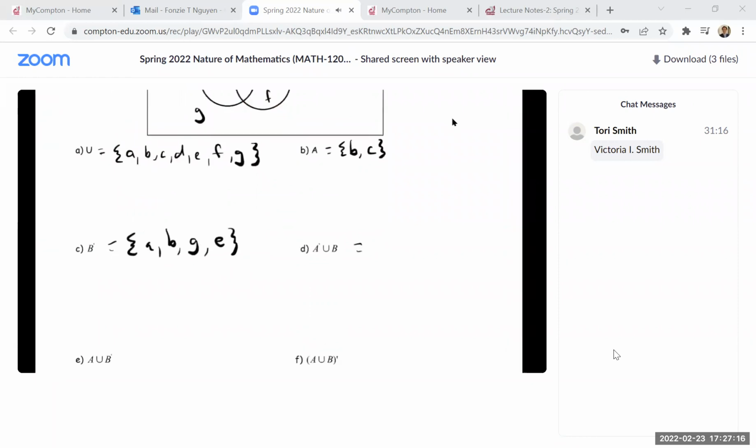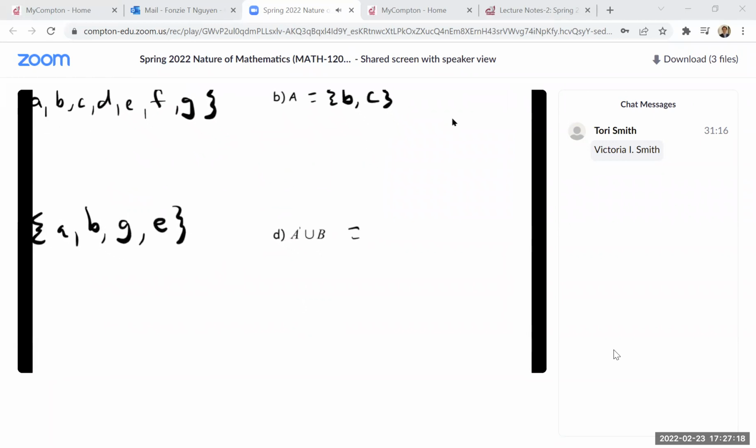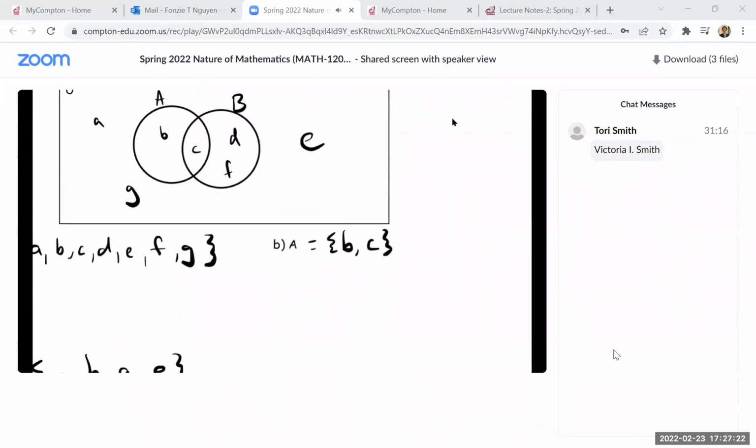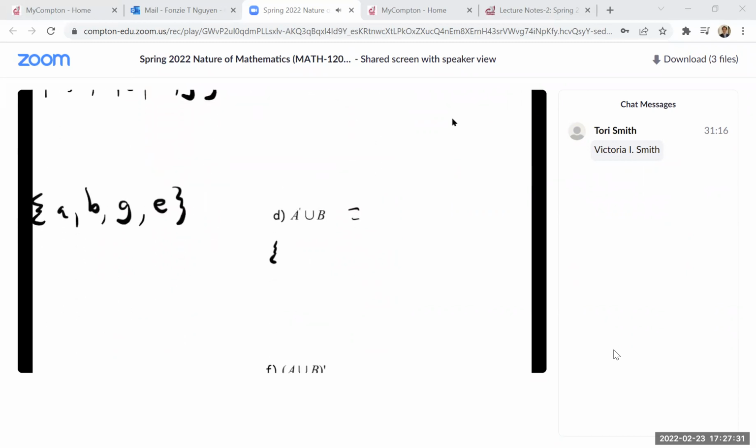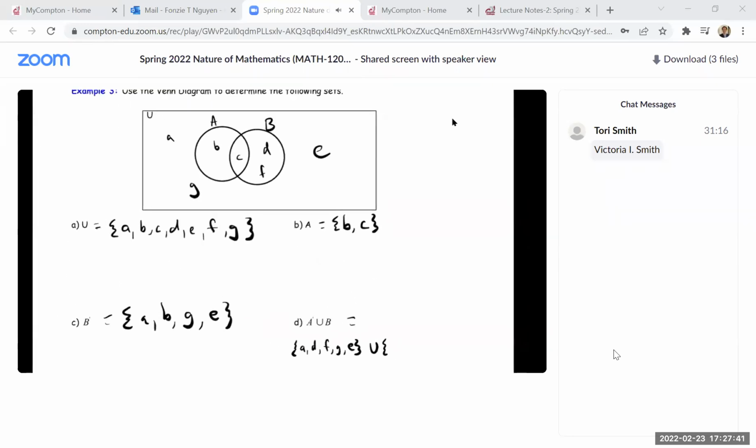All right, now we have to find the complement of A first, and then we can do the union with B. So what's the complement of A going to be? A, D, F, G, and E. Union with B. What's in B?